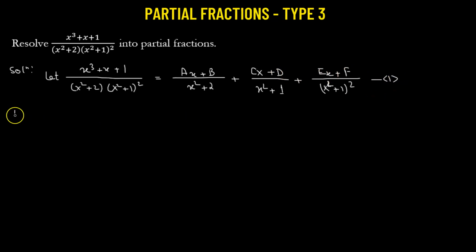So what we'll do is take equation number 1 and multiply throughout with (x squared plus 2) times (x squared plus 1) whole squared. On the left hand side, we are left with only the numerator part, that's x cubed plus x plus 1.